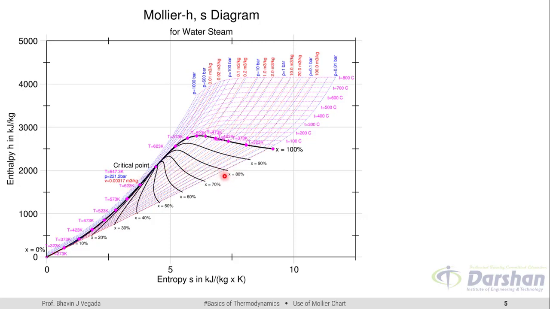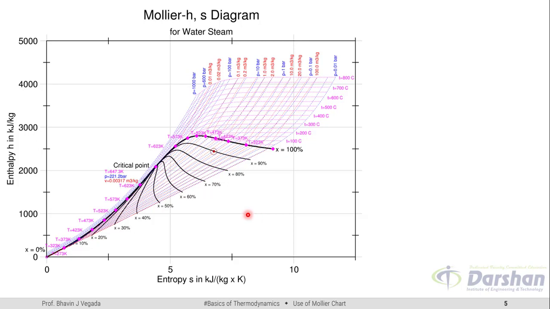Any two properties are sufficient to define the state of steam, and hence if you have any two properties, then you can locate a point on the chart and you can easily find the rest of the properties.